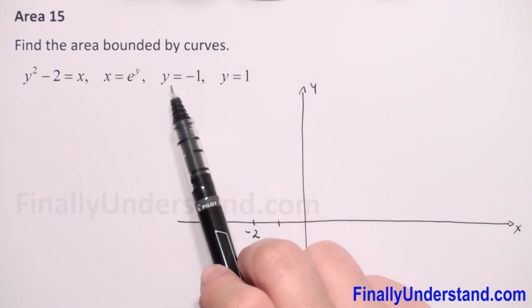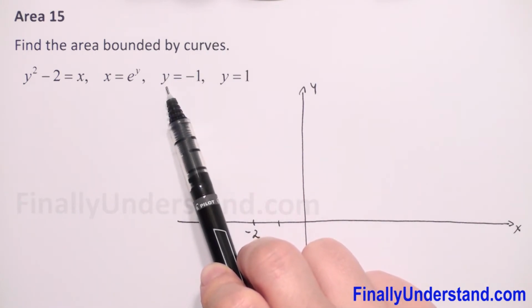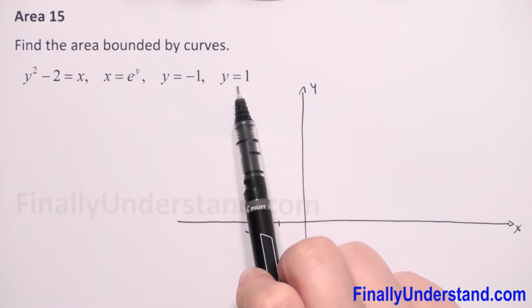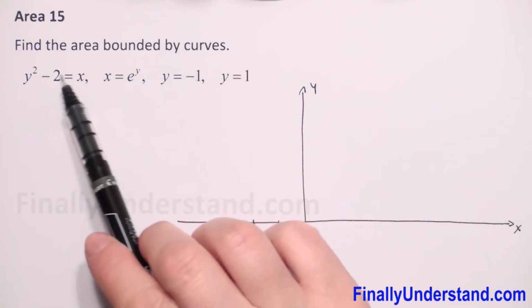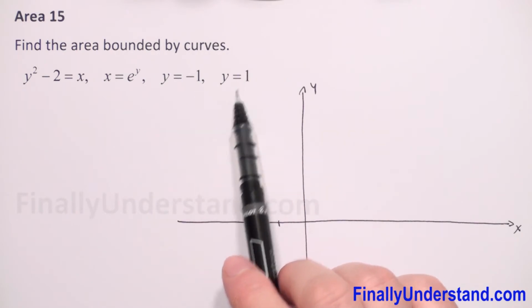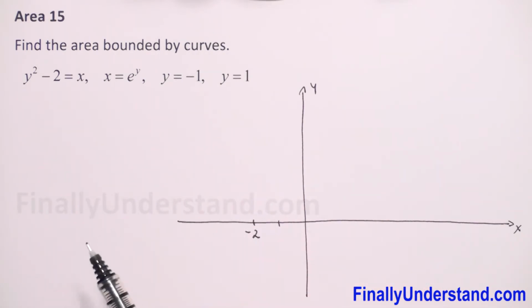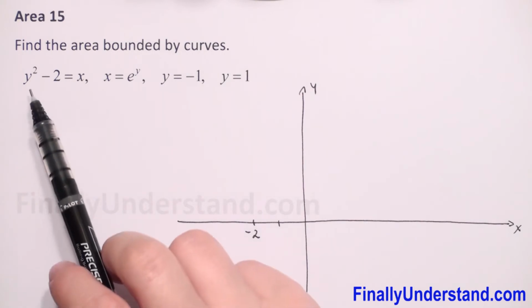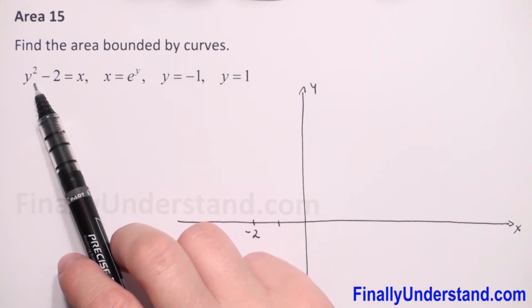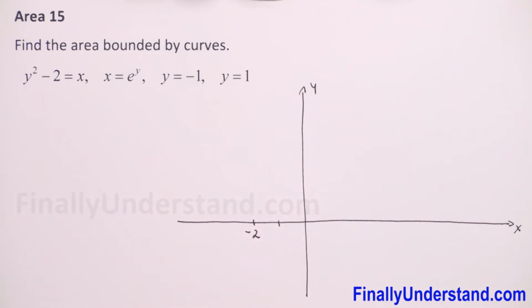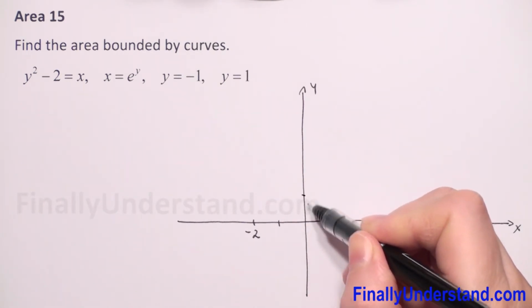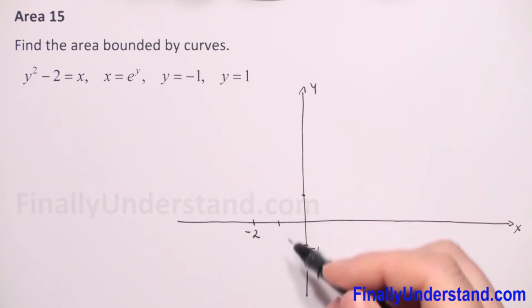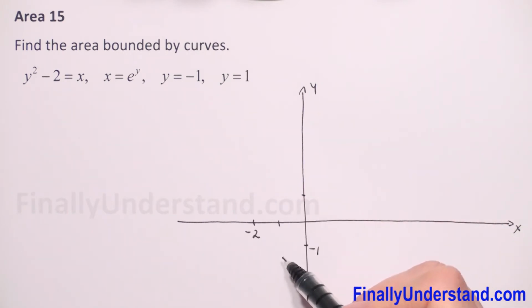And because we have the given curves y equals negative 1 and 1, I will have to find the value of our first curve for negative 1 and 1. So for y equals negative 1, we will have negative 1 to the second power is 1, minus 2 is negative 1. So for y equals negative 1, we have x equals negative 1.